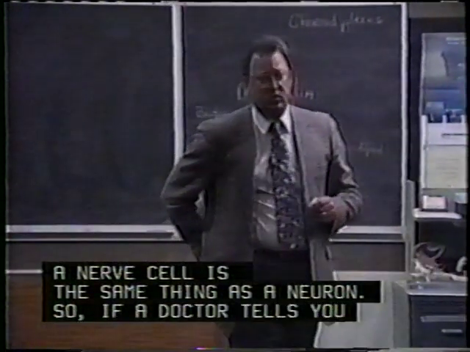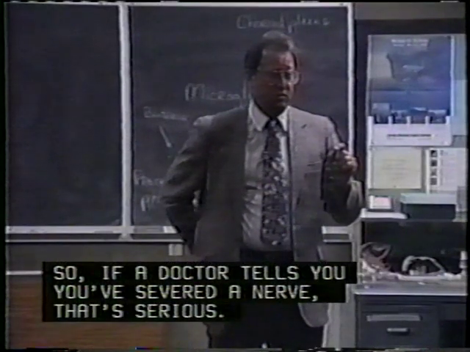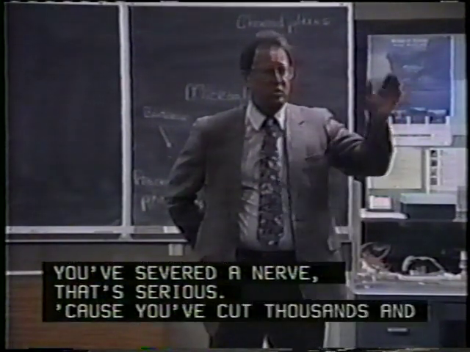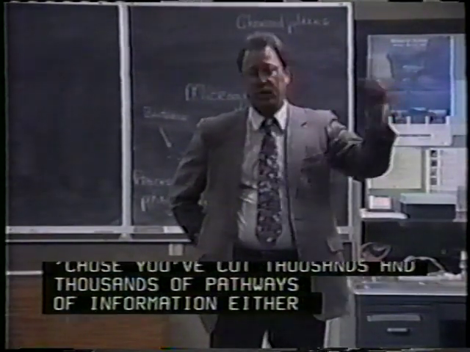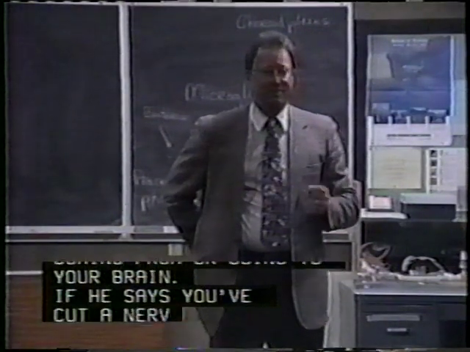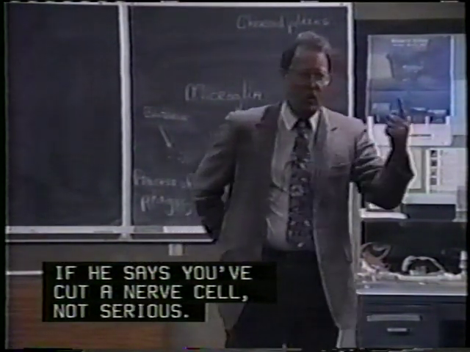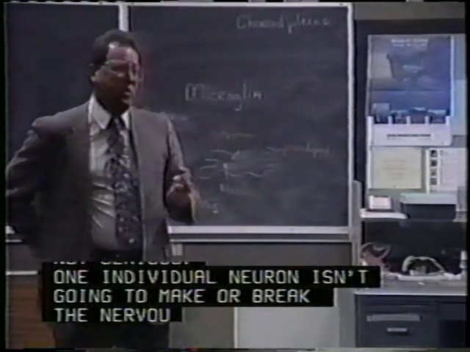So if a doctor tells you you've severed a nerve, that's serious, because you've cut thousands and thousands of pathways of information either coming from or going to your brain. If he says you've cut a nerve cell, not serious. One individual neuron isn't going to make or break the nervous system.